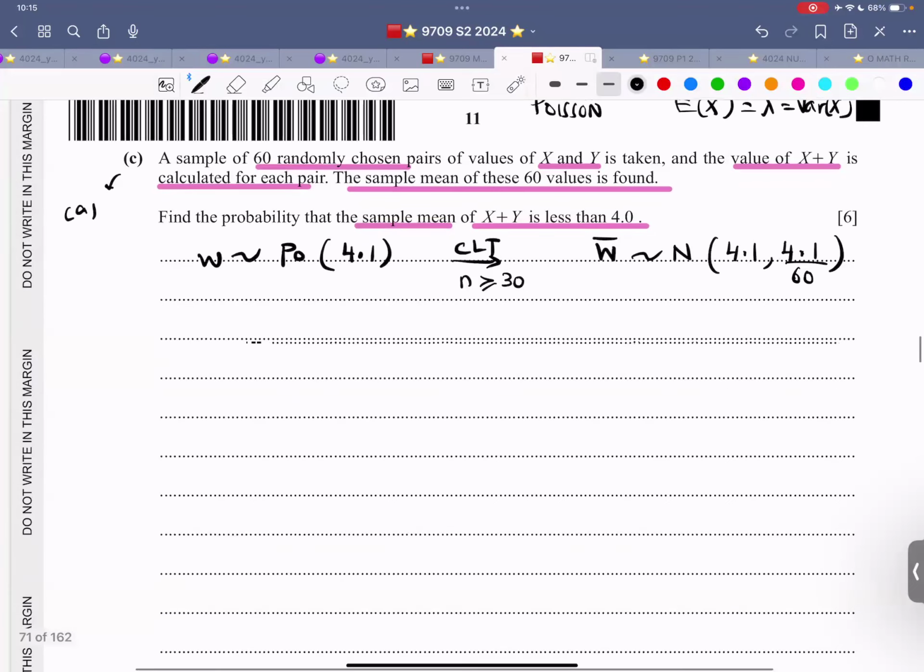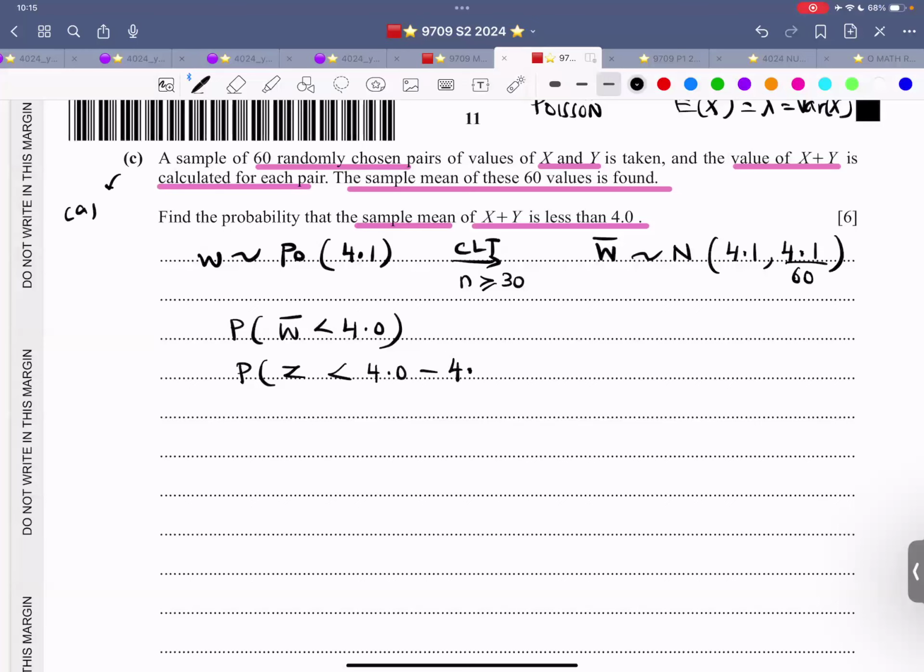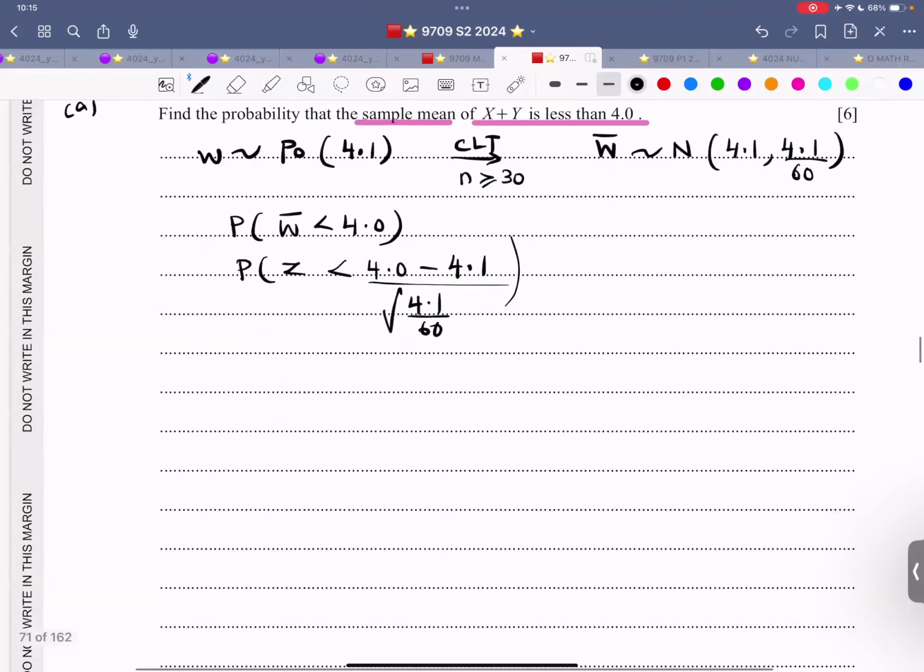So therefore, probability W bar is less than 4.0. Probability Z is less than 4.0 minus 4.1 divided by the square root of 4.1 over 60. That is the simple thing, a sampling question that we were supposed to do. So probability Z is less than negative 0.383.